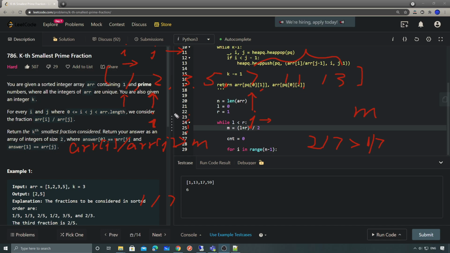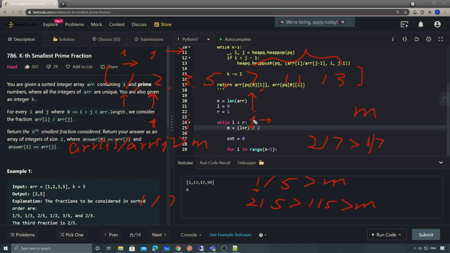Maybe another way to explain this is that we know 1 divided by 5 is greater than M, because when we tried to find the pairs for number 1 here, 1 divided by 5 was greater than M. So 2 divided by 5 is going to be greater than 1 divided by 5, and therefore greater than M. So there's no point in checking 3 and 5 again, and we can simply start checking J from where it was before.